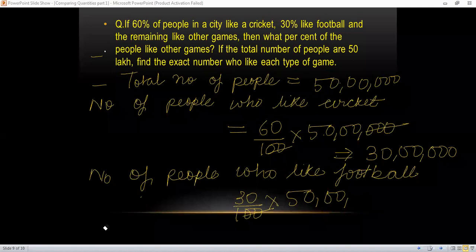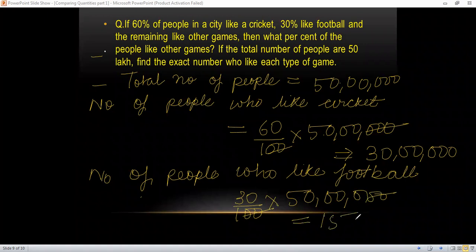So what will be the value? 15 lakh. Now for the number of people who like other games.